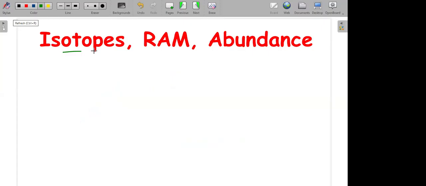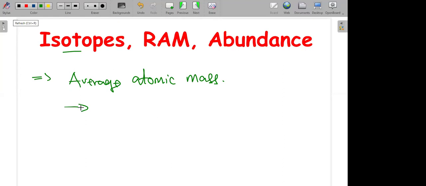Okay, so isotopes, when you get them and then you find their average mass, you will come up with what we call the average atomic mass. So this average atomic mass is just the weighted average mass of all isotopes of an element based on their what?